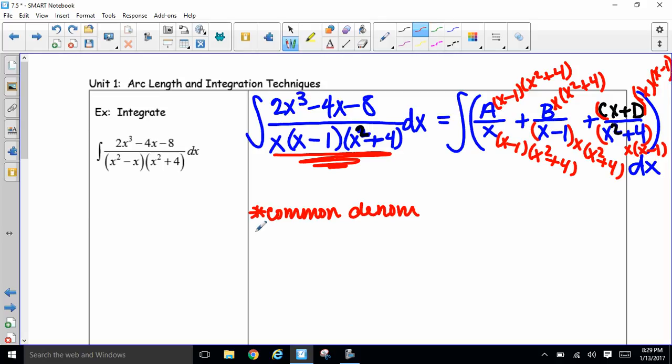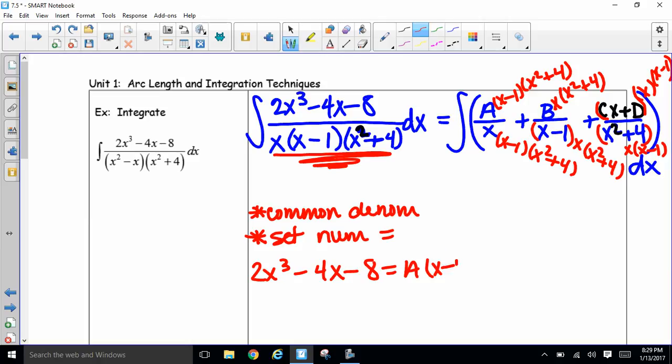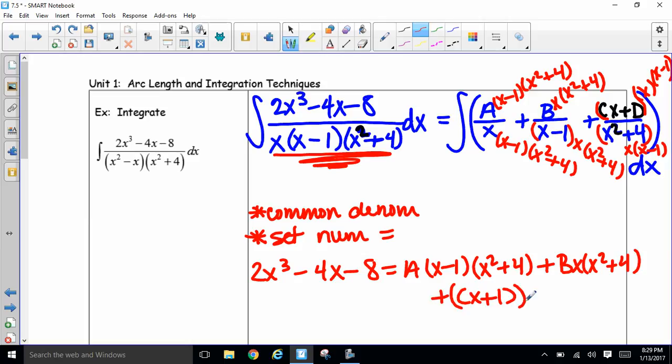Okay, then we need to set our numerators equal to each other. So we're going to take 2x cubed minus 4x minus 8, and we're going to set that equal to A times x minus 1 times x squared plus 4, plus Bx times x squared plus 4, plus Cx plus D in parentheses times x minus 1.